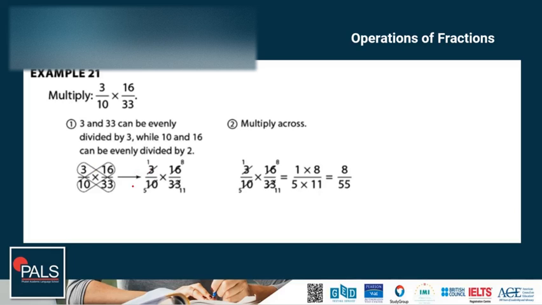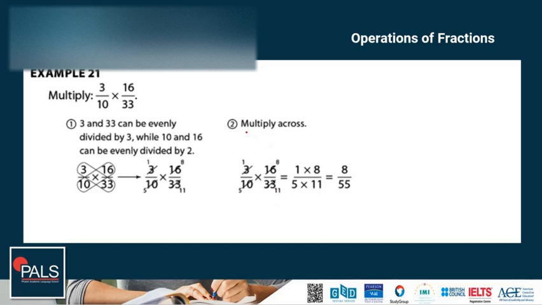So let's start with 3 and 33. 3 divided by 3 is 1. 33 divided by 3 is 11. Then 16 divided by 2 is 8. 10 divided by 2 is 5. So our new fraction is 1 over 5 times 8 over 11.